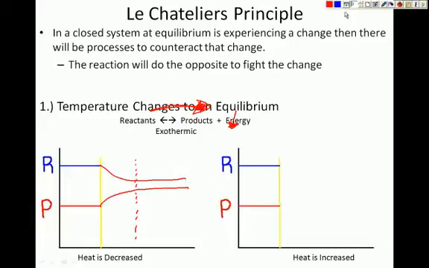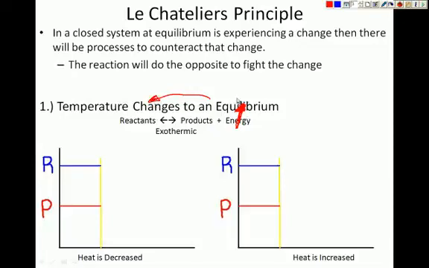Now, let's take a look at if the heat is increased. So here we have energy is being increased. The energy here is going up. So what is going to happen is that if there's a lot of energy here, the reaction is going to do the opposite. So the reaction is going to try to use up that energy. So if heat is increased, the reaction is going to try to use up that energy and shift it left.